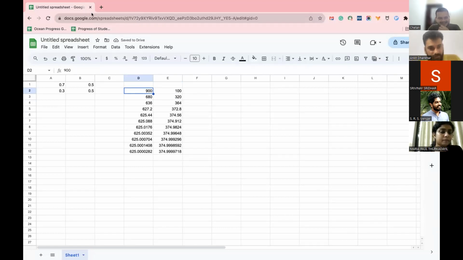625 and 374. If you try varying anything, as long as the sum is 1000, it still gives the same two numbers at the end. You can try varying it. I'll give access to you. Maybe type your email, or wait, I'll post the link.